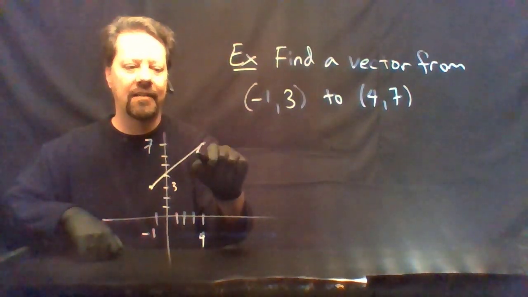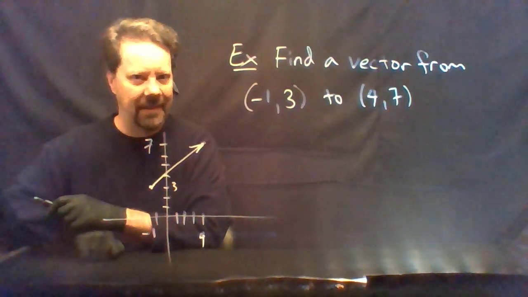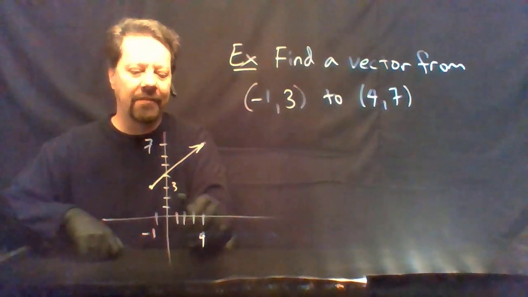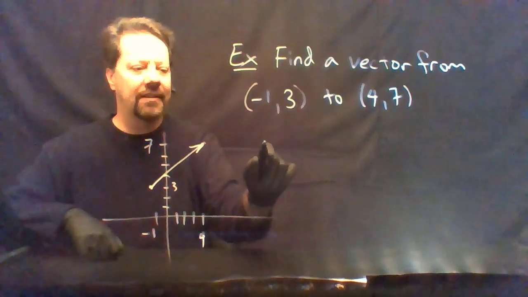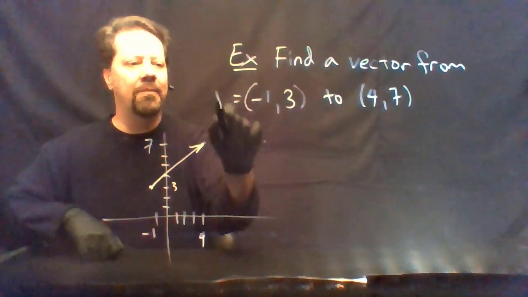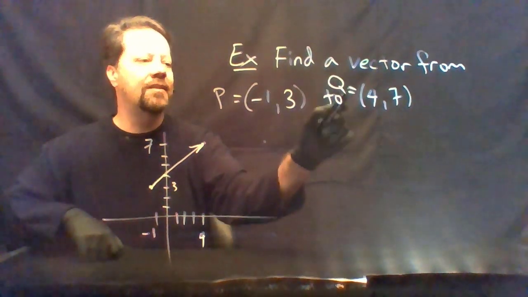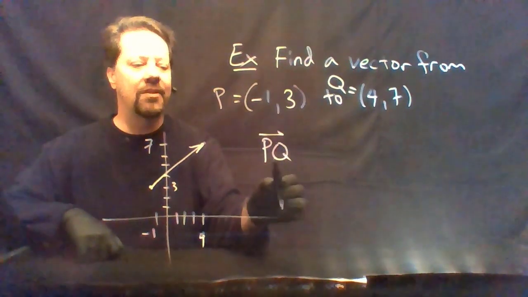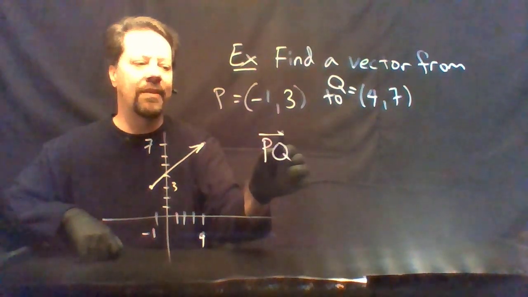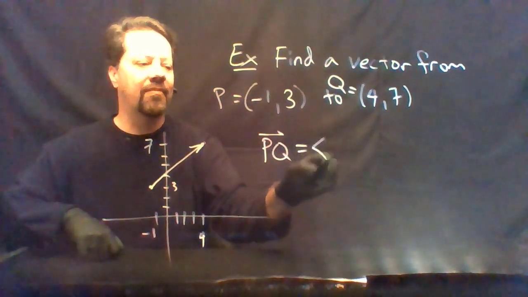We want to find the coordinates of this vector. Notice that you're going 5 over and 4 up. This vector, if I call this the point P and this the point Q, we can denote the vector that goes from P to Q by writing PQ with a half arrow over the top.